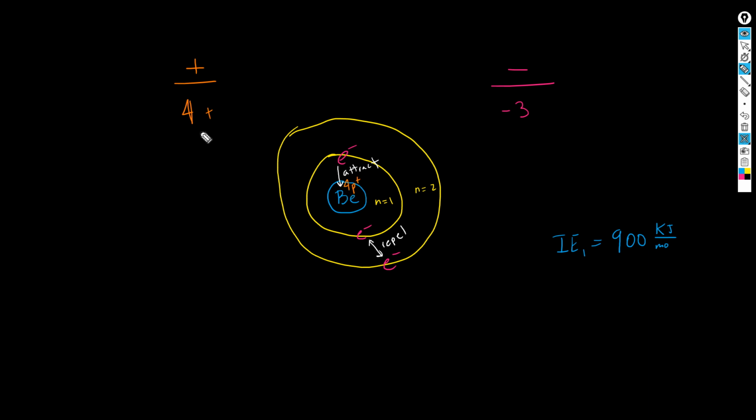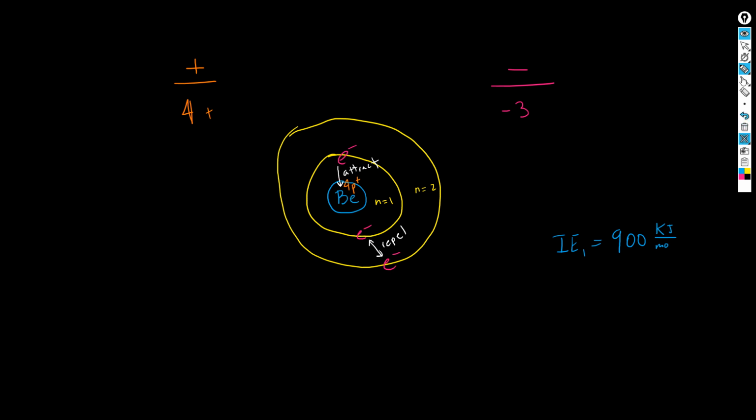But the positive charge is still the same, it's still +4. So the attraction stays the same, but the repulsion gets lower, meaning that it's now going to be harder to remove those electrons because they're more attracted to the nucleus and less repelled by each other.